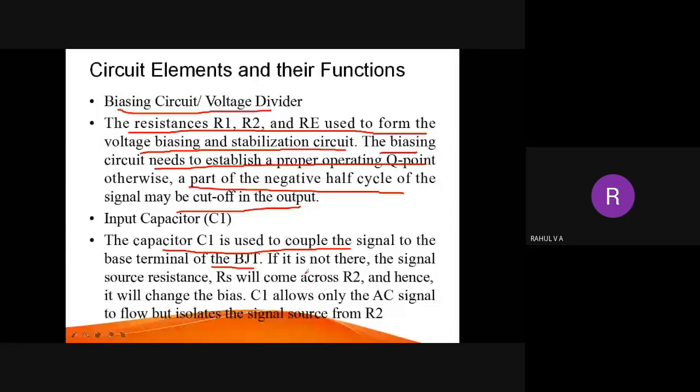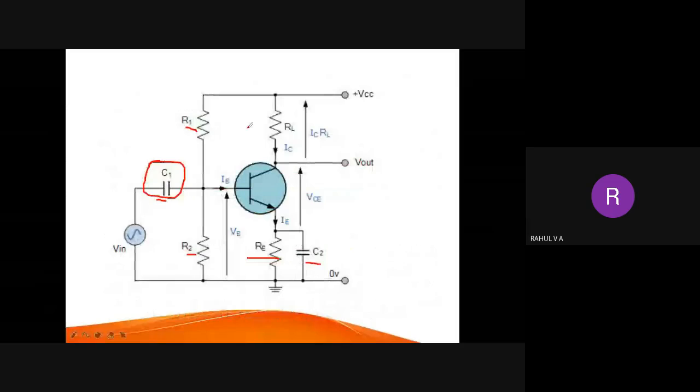C1 allows only the AC signal to flow but isolates the signal source from R2. It will block DC from VCC and it will allow the input to pass to the base terminal of the transistor.